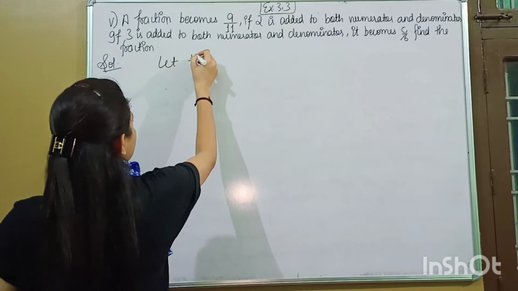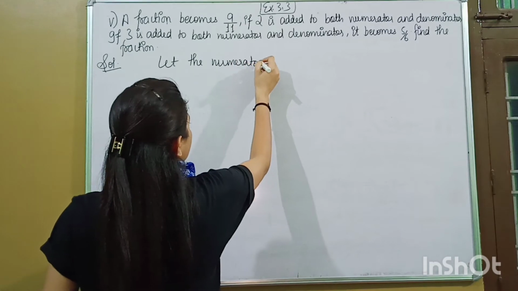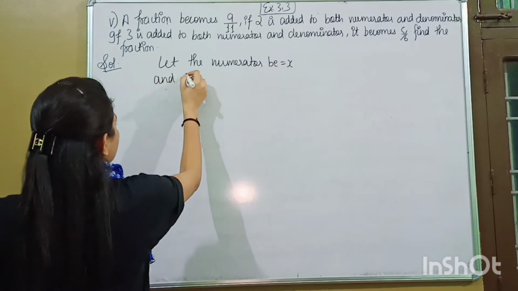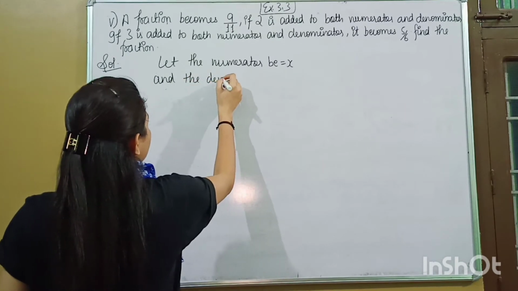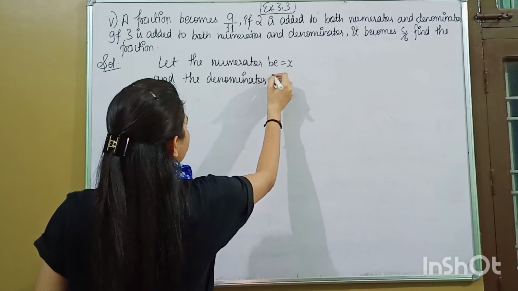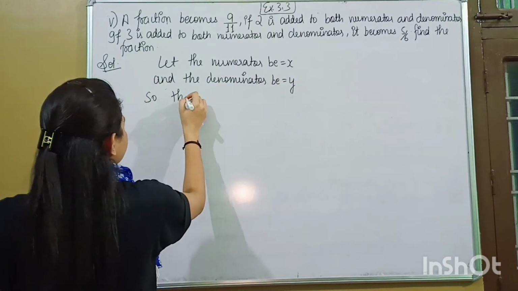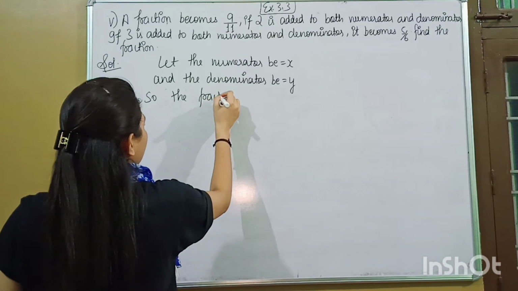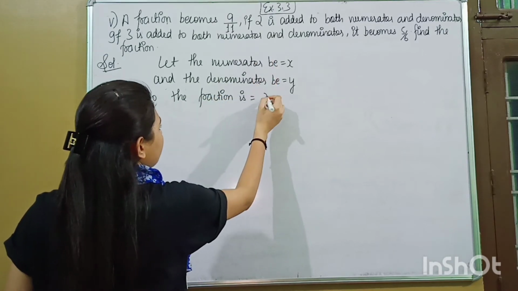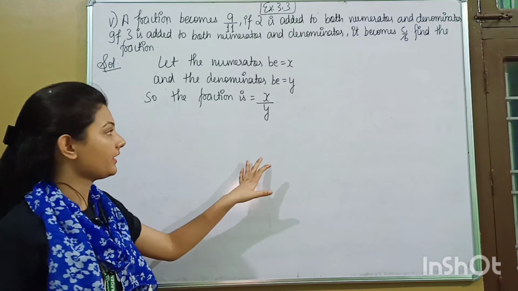So let the numerator of the fraction be x and the denominator be y. So the fraction will be numerator upon denominator, that is x upon y. So this is our given fraction.